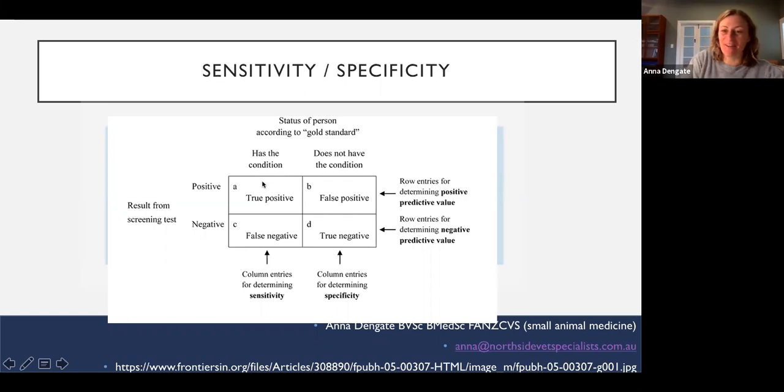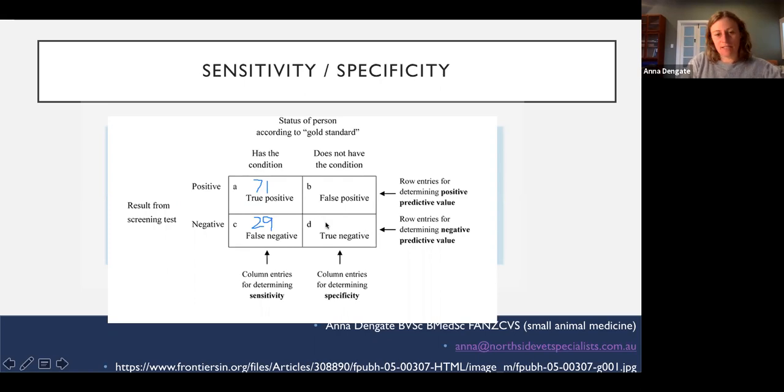Okay, so the human coronavirus testing, depending on where it's run, has a sensitivity of 71%. So if we write in here that out of every 100 tests we do, 71 of them are going to test positive when the patient has the condition. That means 29 people are going to test negative even though they have the condition.